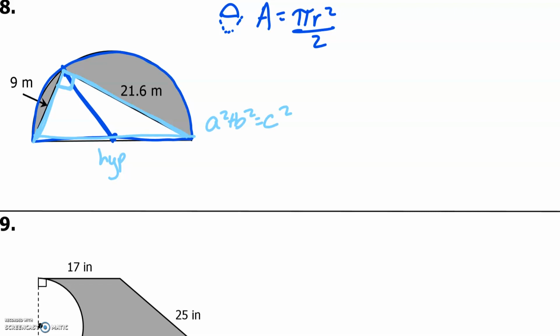A and b represent the leg lengths, so that would be 9 squared plus 21.6 squared equals c squared. So I'm going to calculate that real quick. 9 squared is 81. And then 21.6 squared is 466.56.